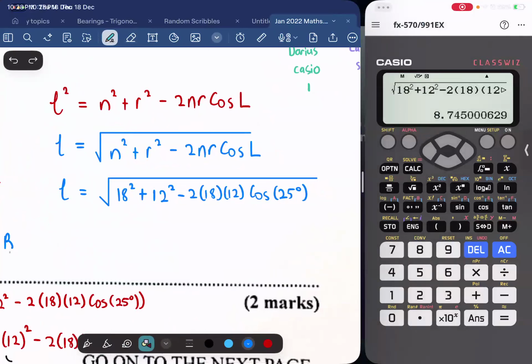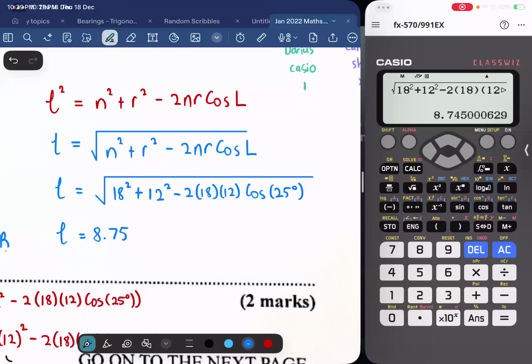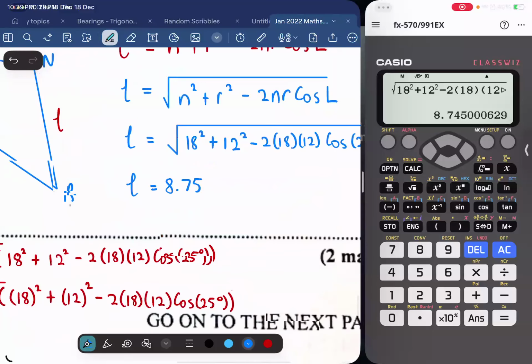I'm giving away a Casio for everybody. Don't worry guys, one day I'll be a billionaire or something. If I had real money, I would teach for free and just give Casios for free. That's the dream. But what am I going to do? I have to make money somehow.